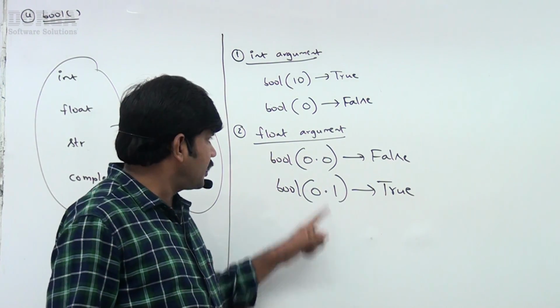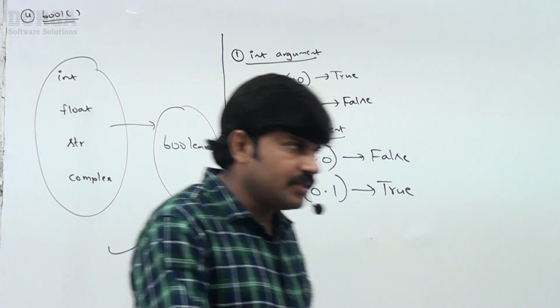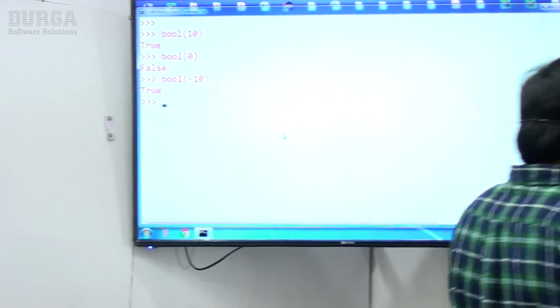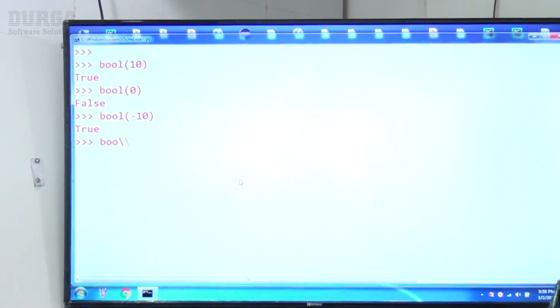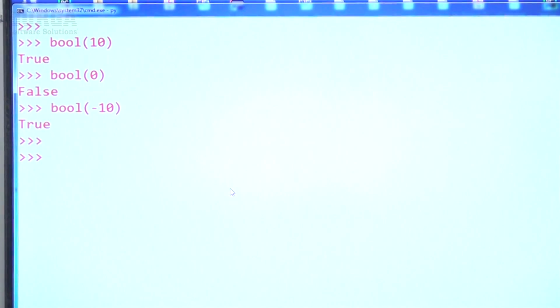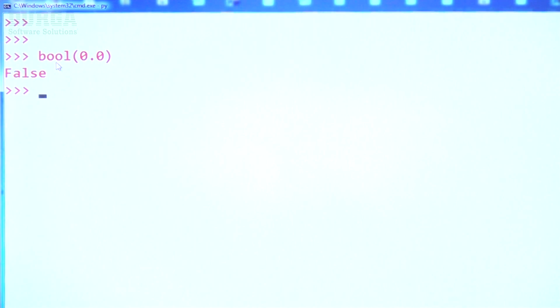Clear, right? Any explanation required? Let me check this possibility also. Here observe this: bool of 0.0. The total value evaluates to 0, that's why it is false. Bool of 0.0001, sir.